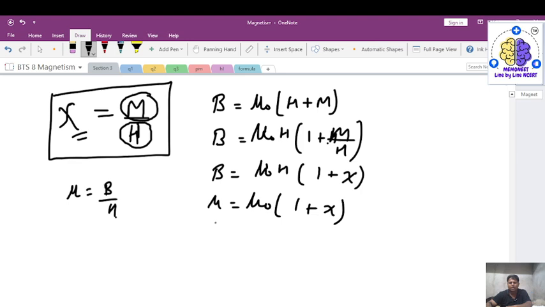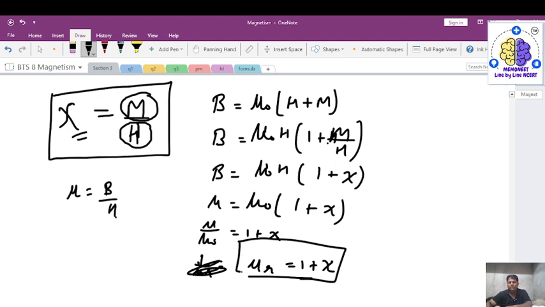So mu upon mu naught is equal to 1 plus Xi, and this is mu r. Mu r is equal to 1 plus Xi.